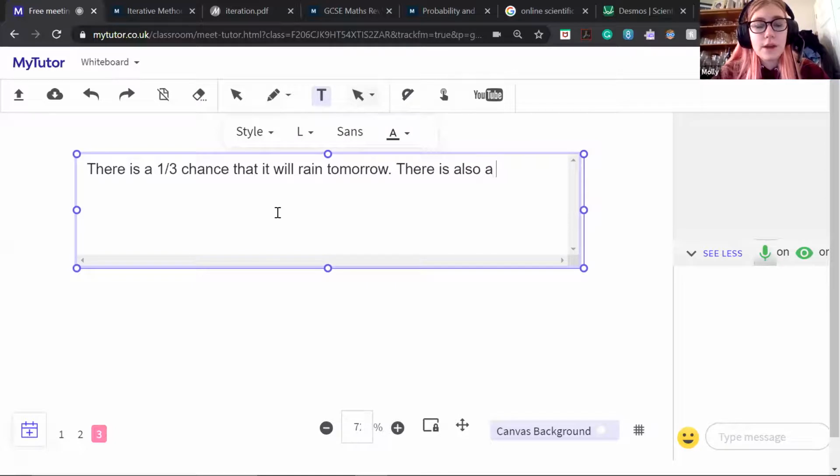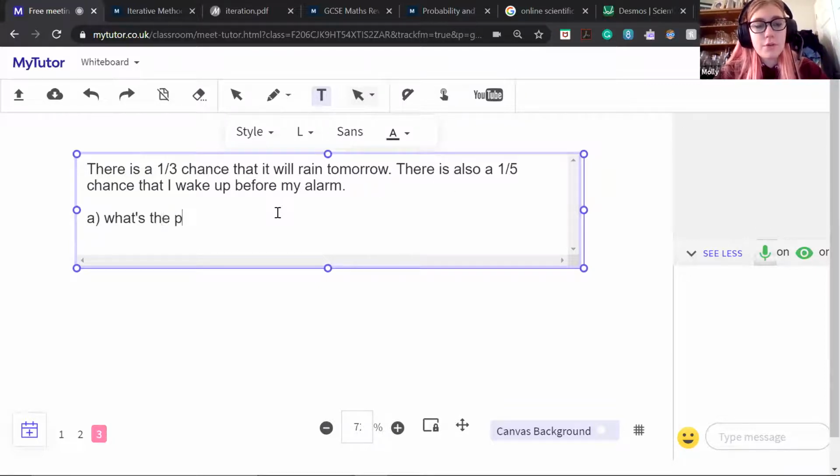There is also, let's say, a 1/5 chance that, so I'm trying to think of something independent, and I'll explain what those mean in a moment. Let's say there is also a 1/5 chance that I wake up before my alarm. So we'll have 2 questions.